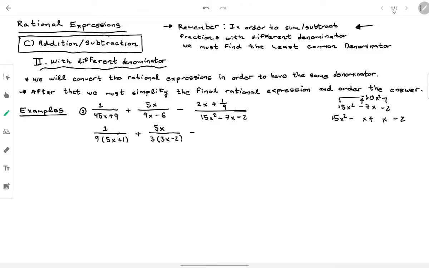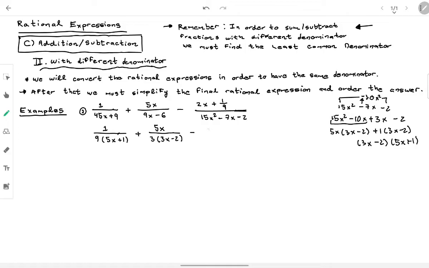Two numbers that when added give 7, and when multiplied give 30, are minus 10 and 3. From the first two, we can take out a 5x, and it's going to be 3x minus 2. On the second one, we can take out a plus 1, and it's going to be 3x minus 2. So it's going to be 3x minus 2 that multiplies 5x plus 1.